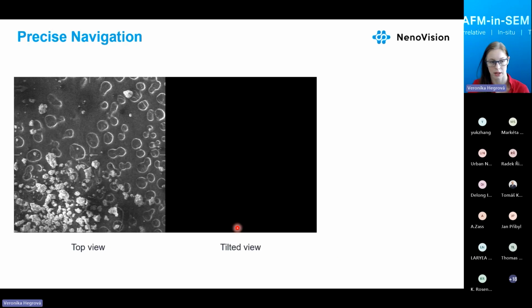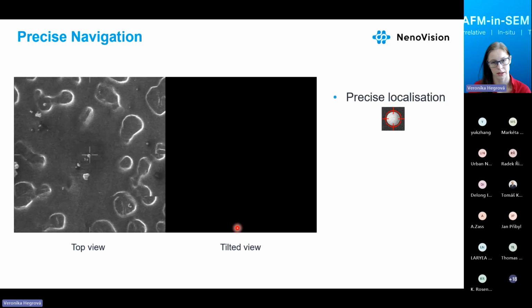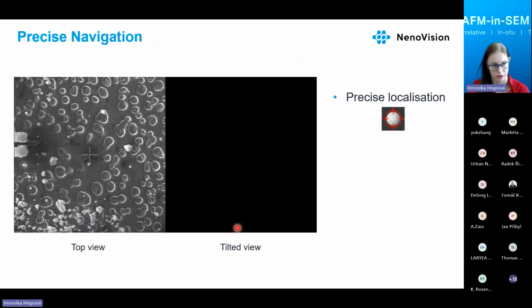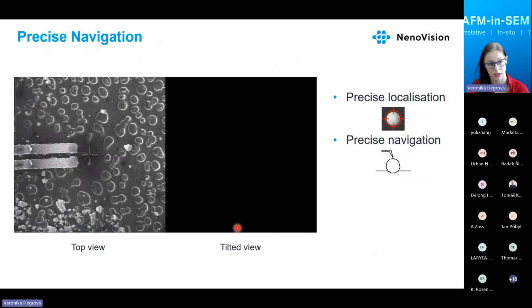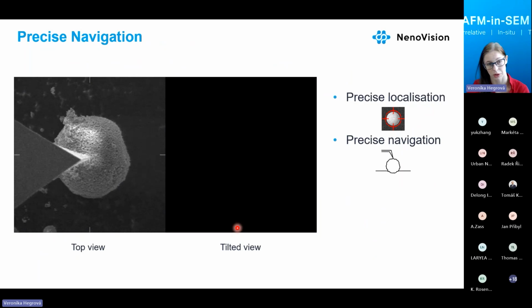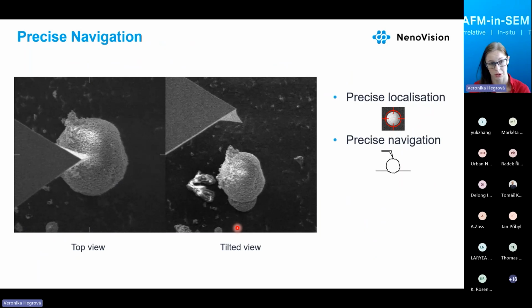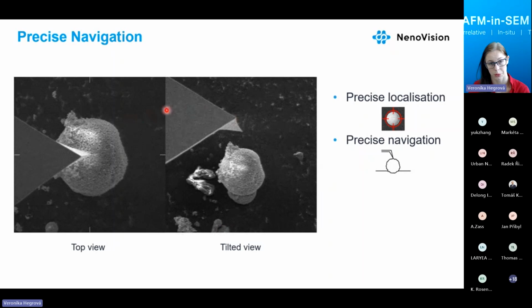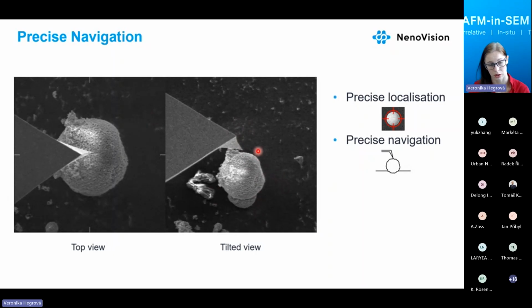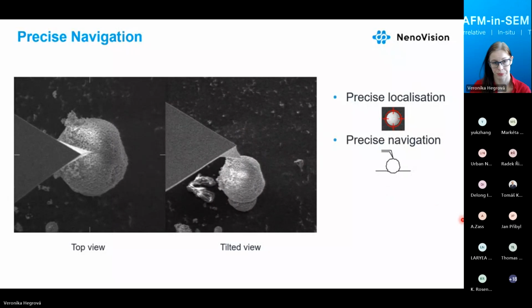And so if we have a look at the measurement itself, we could easily navigate and locate the particle, navigate the tip above it, and afterwards we could approach, as visible in the tilted view. We see the very end of the tip and the powder particle on a carbon tape.